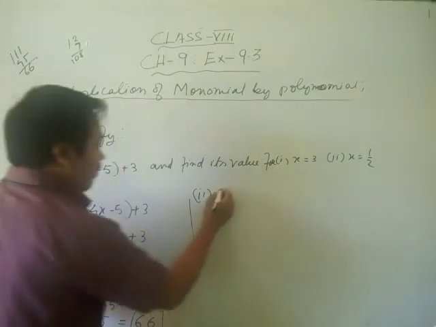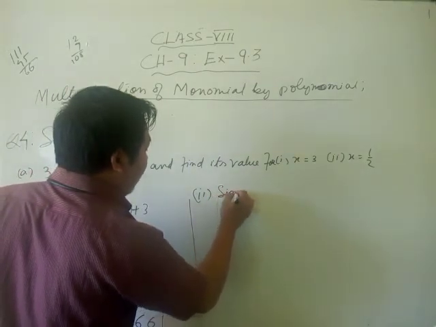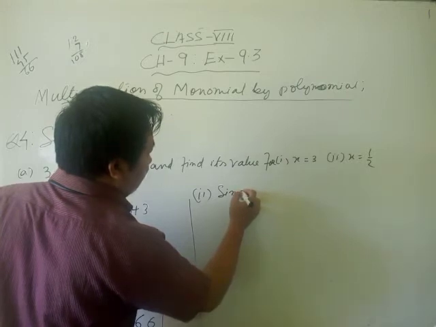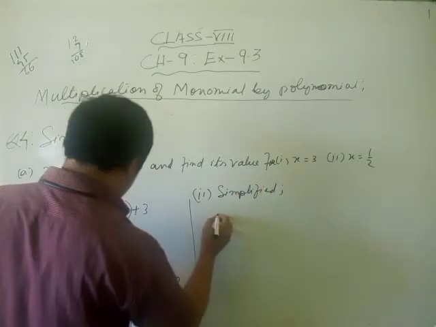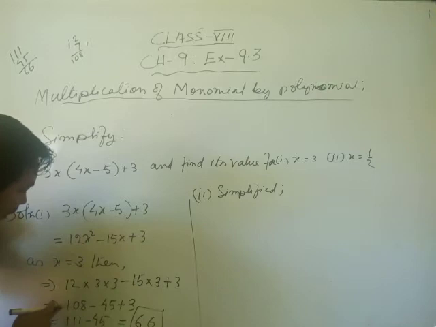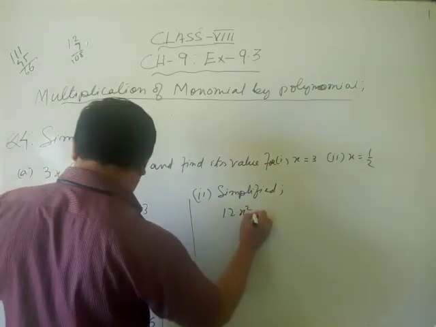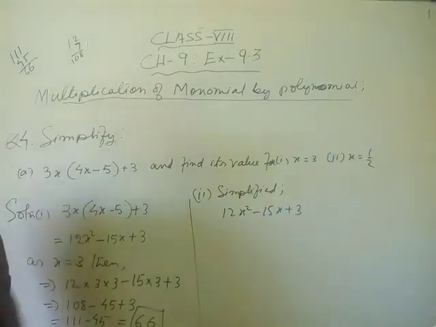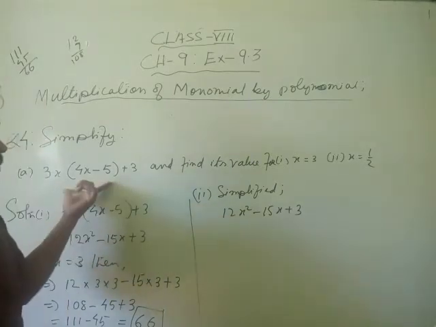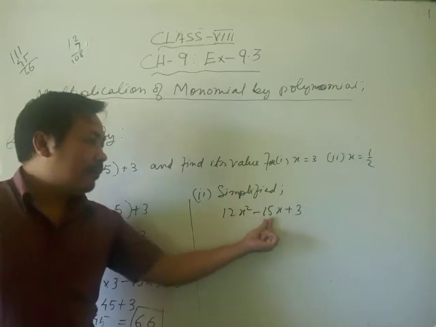Simplify. How much are we getting here? We have simplified this expression and we get 12x squared minus 15x plus 3.